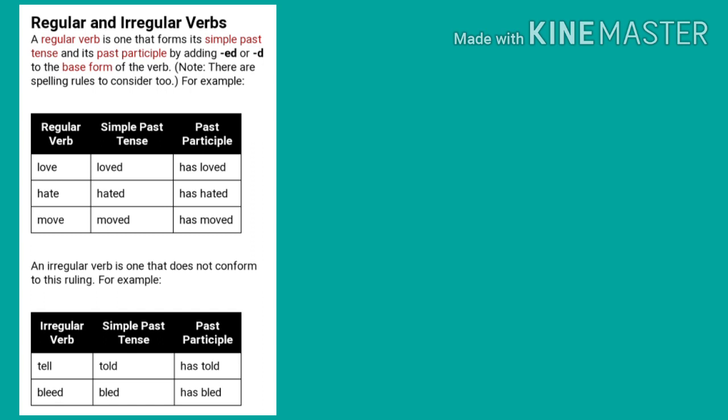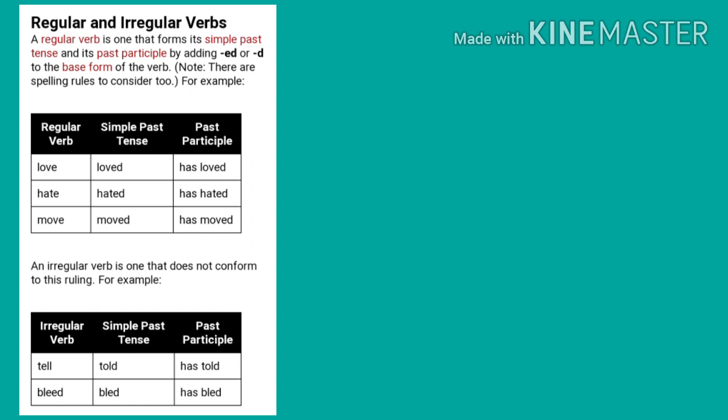For example, love. It is the first form, and we can add d. It becomes loved. Then it is in the past form, that means in the second form, and the third form also loved, which shows the word love is a regular verb.